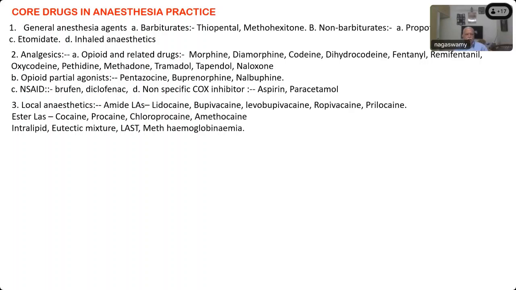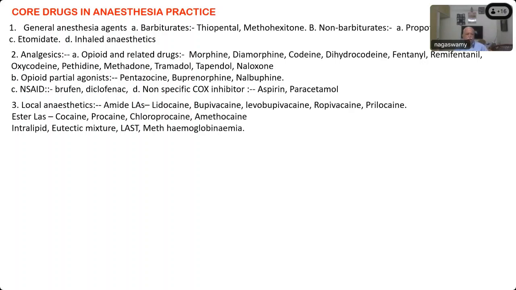Then the other rare drug which we are now sometimes using is chloroprocaine, ester-linked. Why are ester-linked local anesthetics not very popular compared to the amide group of drugs? They have a short shelf life.